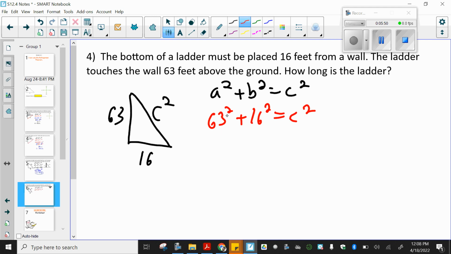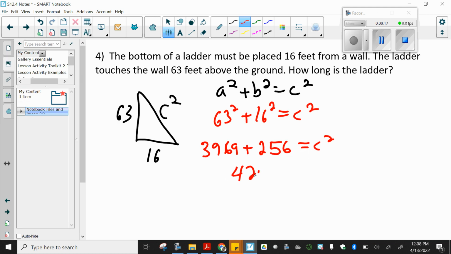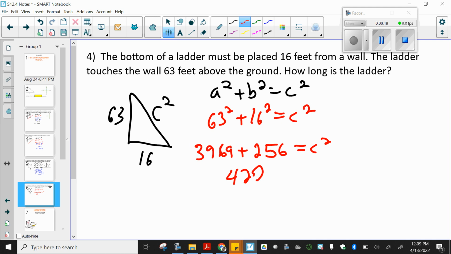I can't do that math in my head, so let's get our calculators out. We're going to do the first one. 63 times 63 is 3,969 plus 16 times 16 equals 256 equals c squared. We're going to add those together. It's going to give us 4,225 equals c squared.